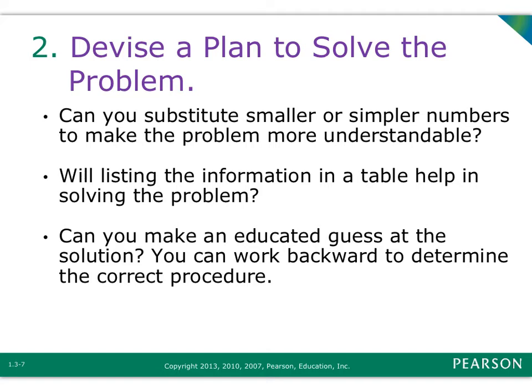You can always substitute smaller or simpler numbers to make the problem more understandable. You can list the information in a table to help solve the problem. You can make an educated guess by trial and error, or you can work the problem backwards to determine the correct procedure.